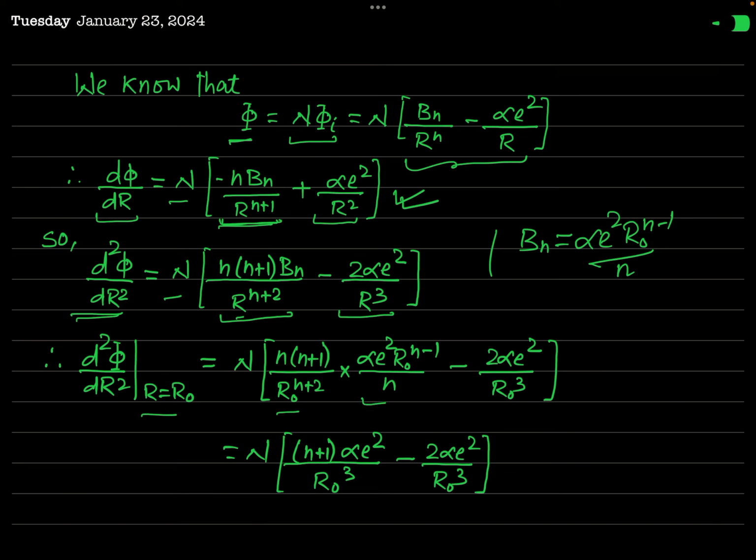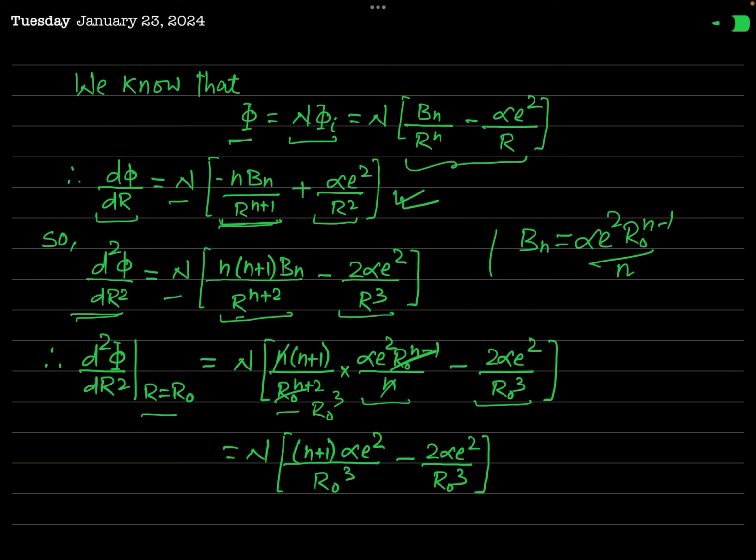So here the value of Bn has been substituted and the second term inside this bracket is as it is. You can see, now see here, this n and this n will cancel out, okay? And this r naught to the power n minus 1 will cancel out, and here in the denominator there will be r naught cube after cancellation, okay?